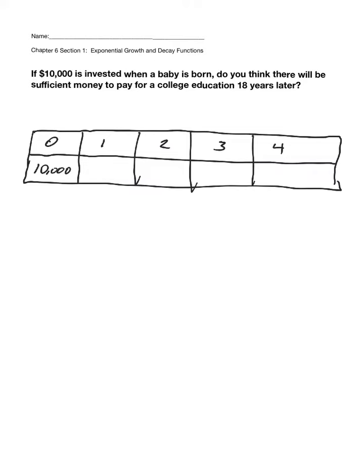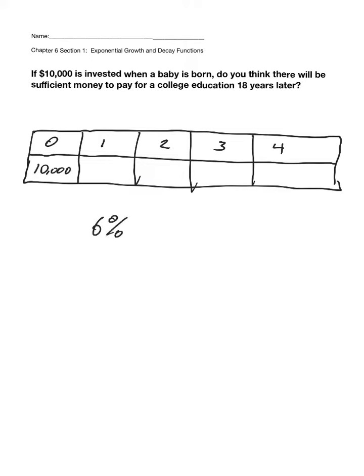Some of you may know about what they call an interest rate. An interest rate is how much money you earn from your investment over a year, so it's usually an annual rate. Let's take a modest interest rate of something like 6%.